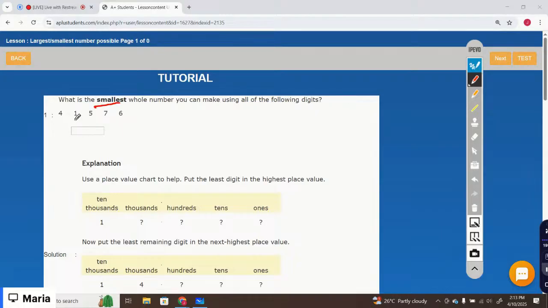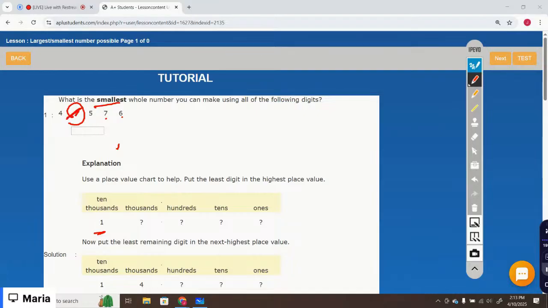They are 5-digit numbers, so the place values are ones, tens, hundreds, thousands, and 10,000s. You have to write down the smallest number at the highest place value. From among all these numbers, the smallest number is one, right? One at the 10,000s place.